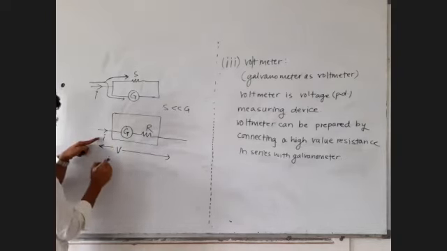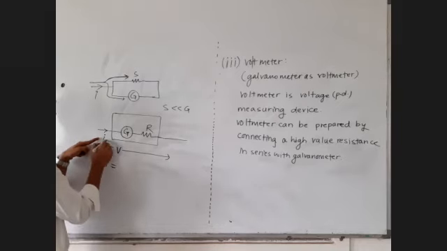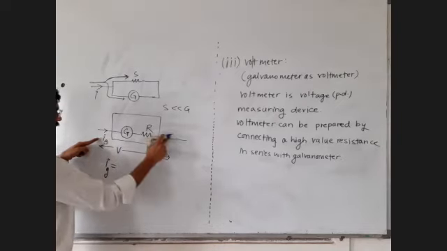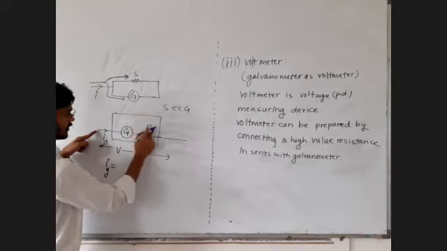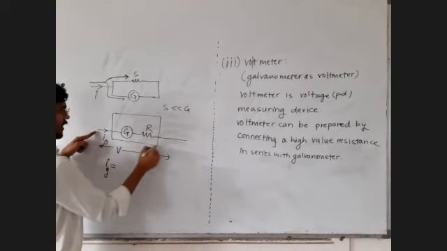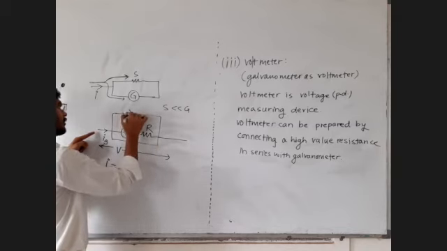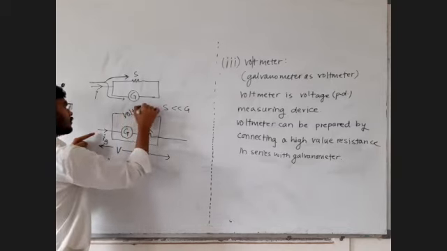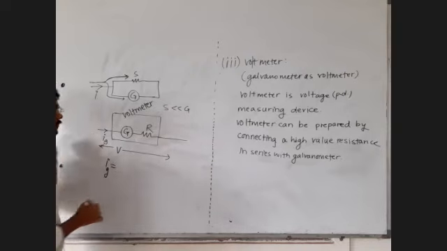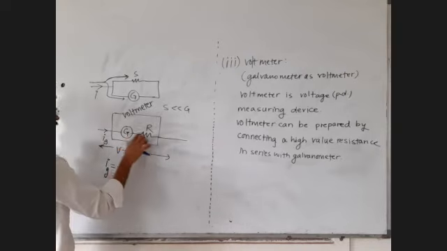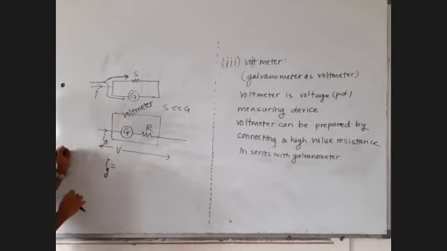I is equal to the current in the branch, this I is equal to Ig. Current in the galvanometer is same as the current in the series resistance. This entire device, galvanometer in series with the resistance, is called as voltmeter.